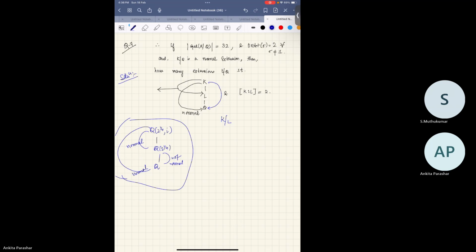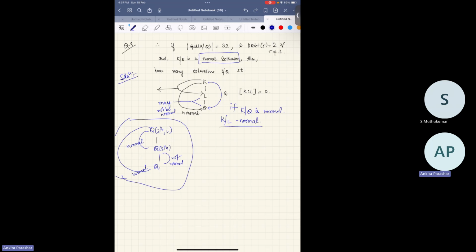Anyway, knowing the complete one is normal, what can you say about the above one? If K over Q is normal, this is a very useful thing. Can you say something about K over L? This is also normal. The lower one may not be normal, but the above one will always be normal.